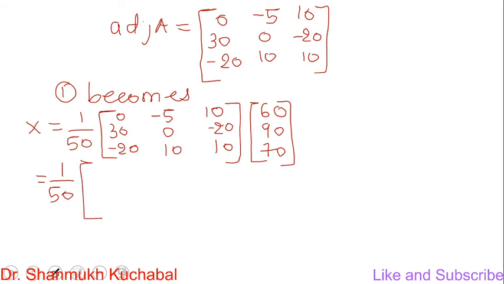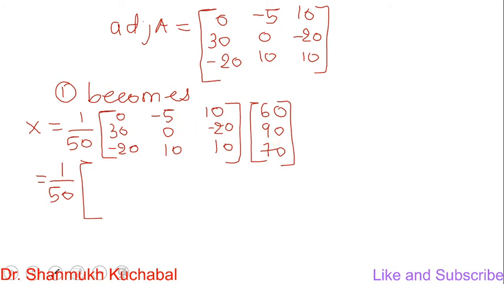Now we have to do the matrix multiplication. We observe that in this row there are 3 elements, so this row is multiplied by the column here. So 0 into 60, minus 5 into 90, 10 into 70 we have to do.